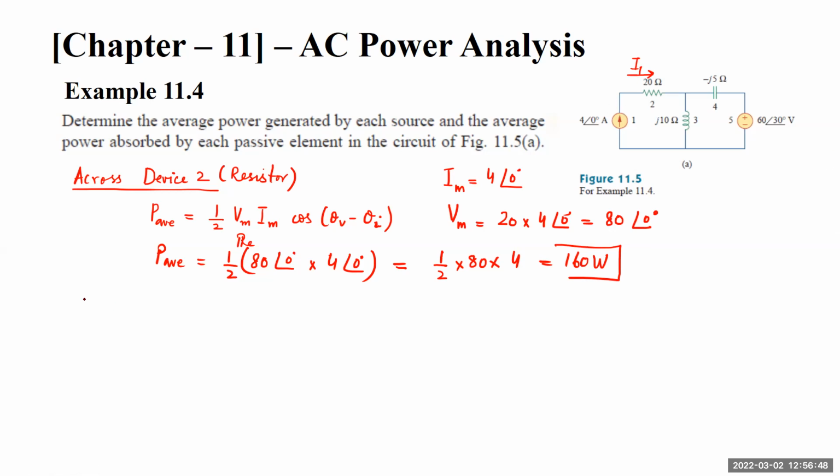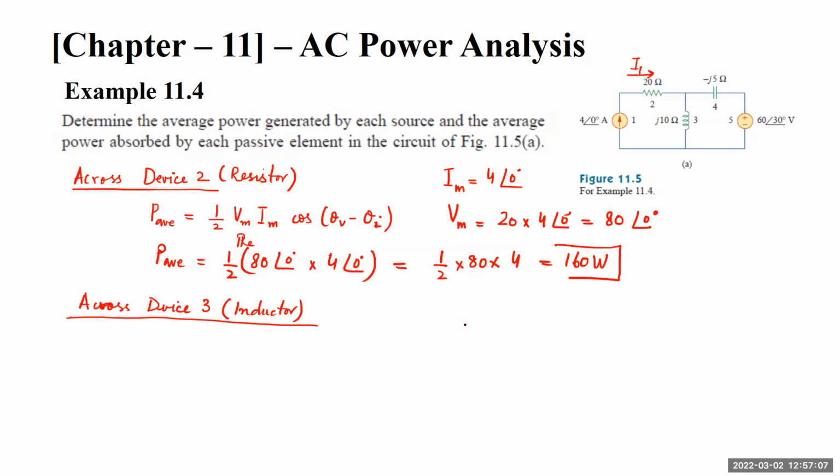Similarly, across device 3, which is the inductor, the power formula remains the same.